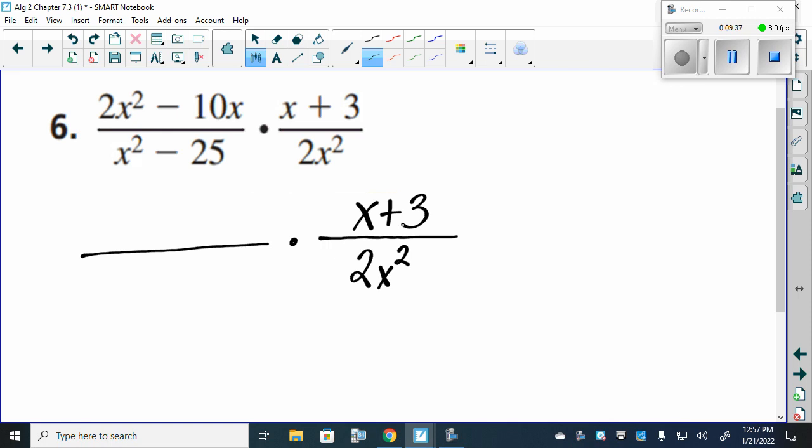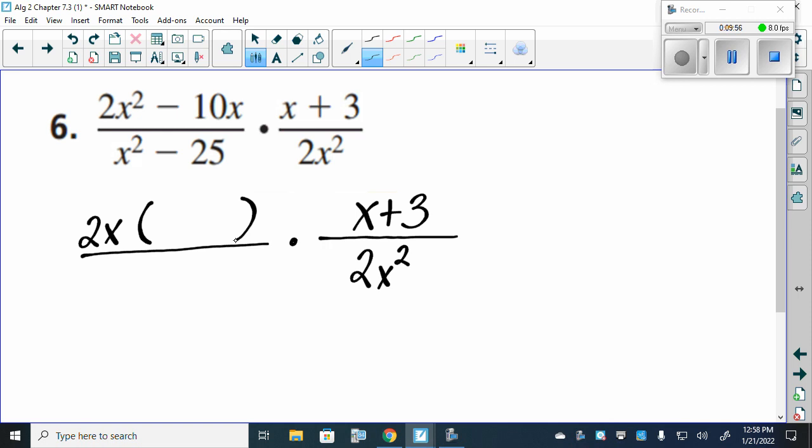Now, if we look at the 2x squared and 10x, they do have a greatest common factor of 2x, because 2 is the greatest common factor between 2 and 10, and they do both have an x.